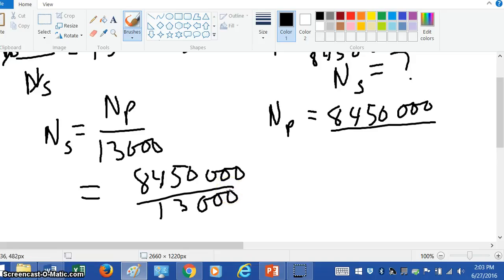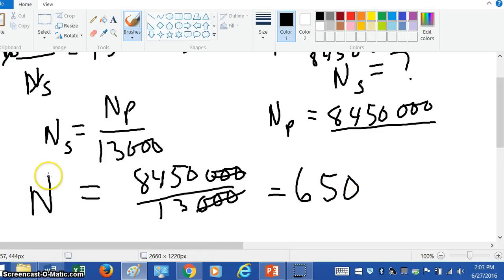And of course these three zeros cancel these three zeros. And let's see what it is. I get 650. So that's the number of turns in the secondary. It's 650.